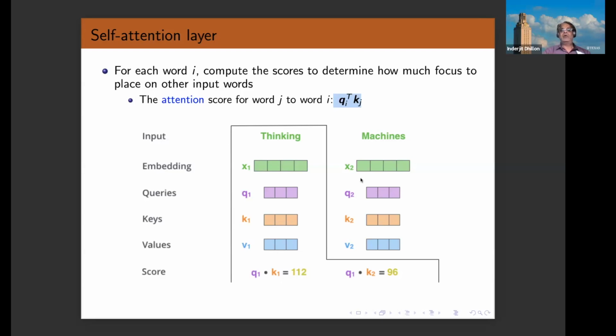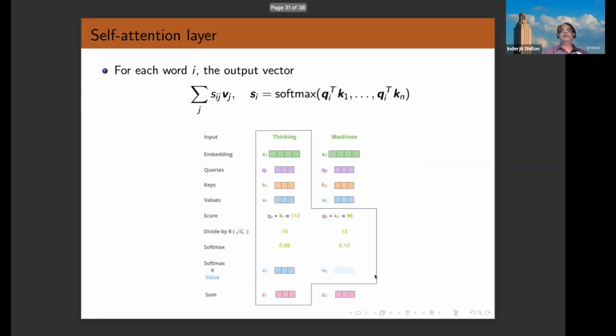Now you also have to compute the attention score for word 2 to word 1. So it's going to be Q1 transpose K2, and that's what's done over here: Q1 inner product with K2. And suppose that is 96. So now you have basically 2 scores because you have 2 tokens.